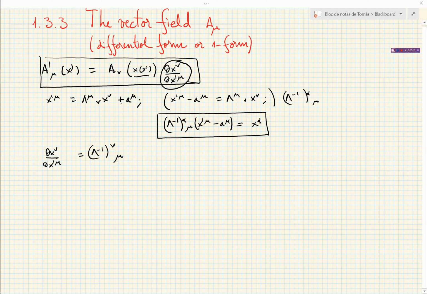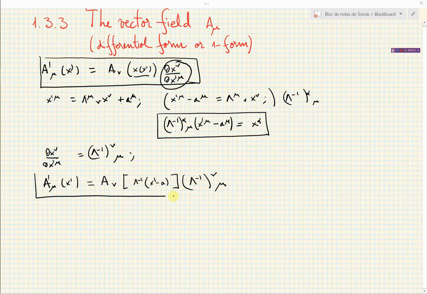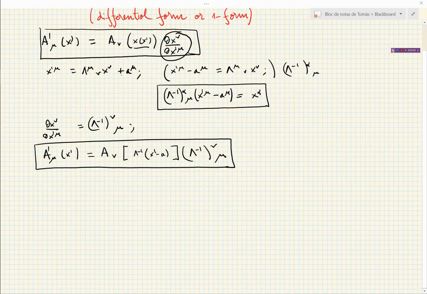Now we go to the general transformation rule that we have above, and we find that this is A nu of lambda minus 1 x prime minus a, and this times lambda minus 1 mu. So this is how the vector field transforms under finite Poincaré transformations.